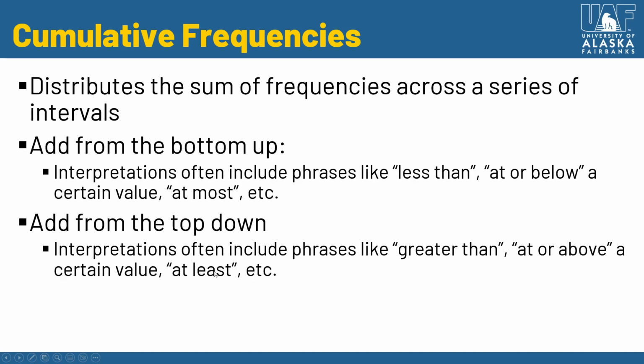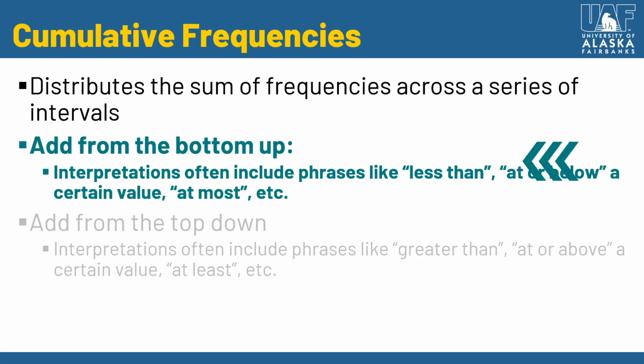Adding from the top down, typically we're using phrases like greater than, at or above, at least, when we're explaining things. Right, and again, these apply in this example because we have our highest values at the top of the table and our lowest values at the bottom of the table. If we flip that, then this becomes backwards. So just know that if you ever get confused, just think through what the data is showing and how you interpret it. In this example, let's start with adding from the bottom up.